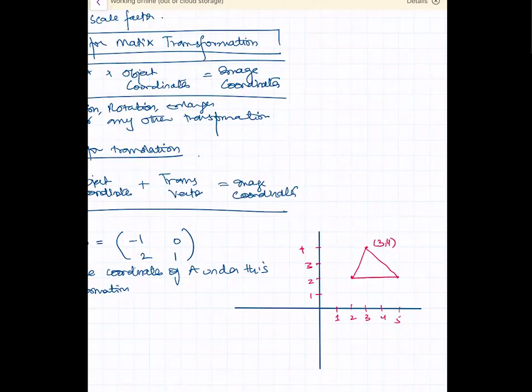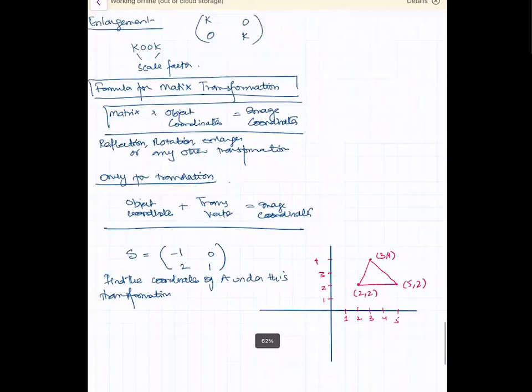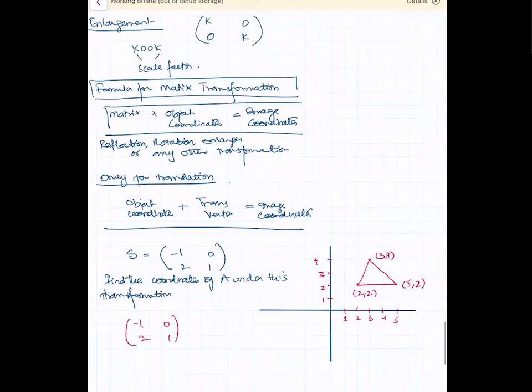These are coordinates that I use in matrix transformation. 5, 2, 2, 2. Let's take these coordinates. Matrix into the object coordinates. Minus 1 into 3 plus 0 into 4. 2 into 3 plus 1 into 4. So this gives you minus 3. 6 plus 4 is 10.